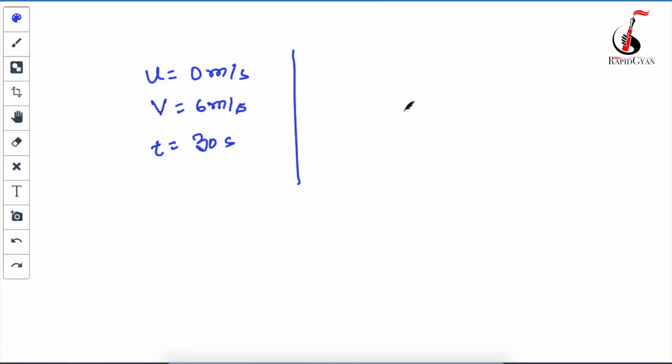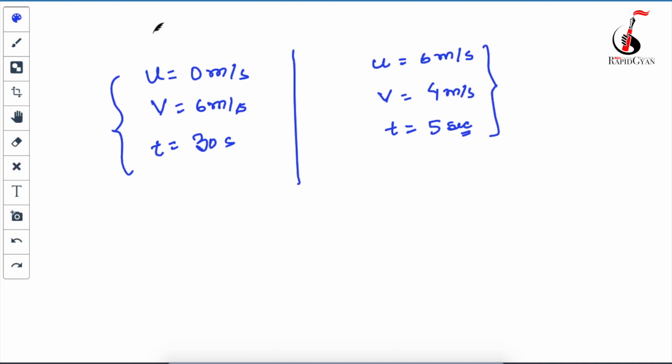Now in the second case, your initial velocity will become 6 meter per second, because after this only he has started applying brake, and your final velocity has become 4 meter per second. Hope you guys are clear. Your final velocity becomes 4 meter per second, and time is equal to 5 seconds. Okay, so this is the case of acceleration, and this is the case of retardation, or you can say negative acceleration, correct?